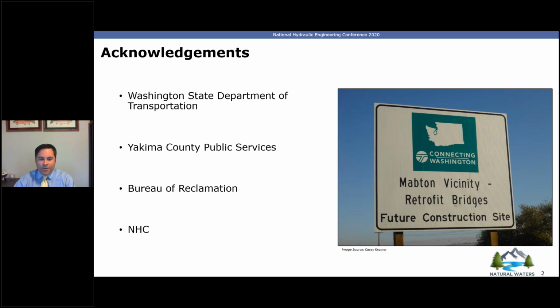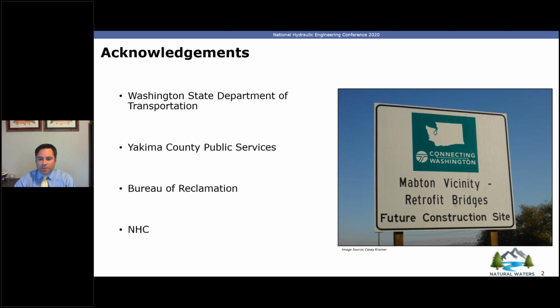First and foremost, this case study really couldn't have happened without many people. I want to acknowledge Washington State Department of Transportation, Julie Heilman in the headquarters hydraulics office, and the South Central Region office. The survey crew was spectacular, led by Kevin Colacio, and their forward-thinking effort to utilize 2D models for this analysis and to support project delivery was great to work with.